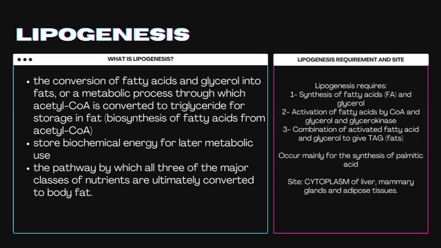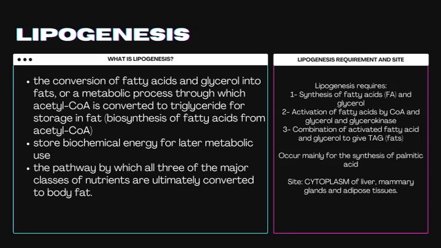It stores biochemical energy that is needed for metabolism. It is the pathway by which all three of the major classes of nutrients, the carbohydrates, fats, and proteins, are ultimately converted to body fat.